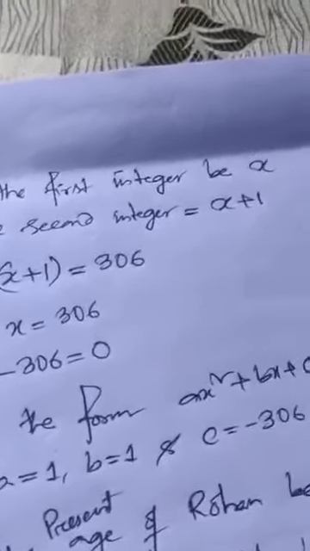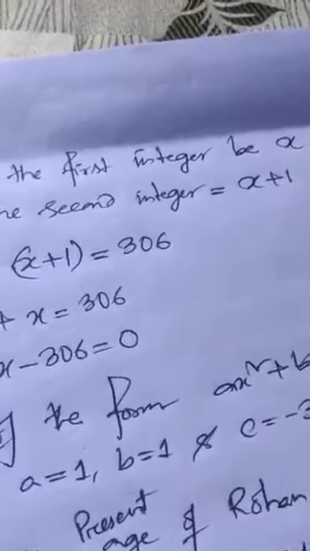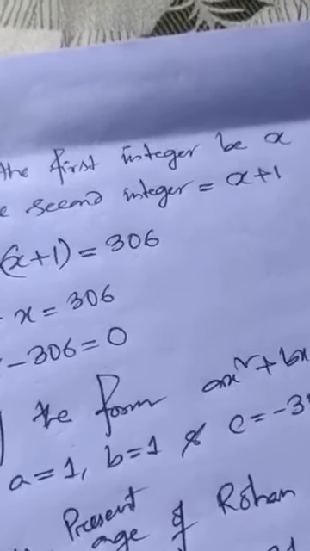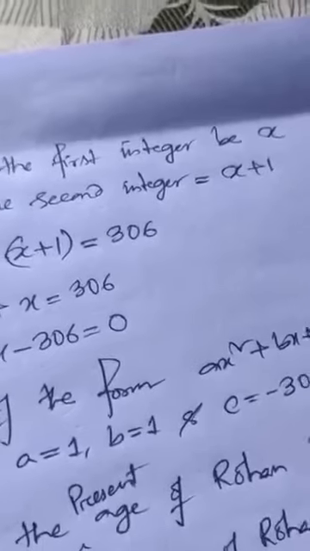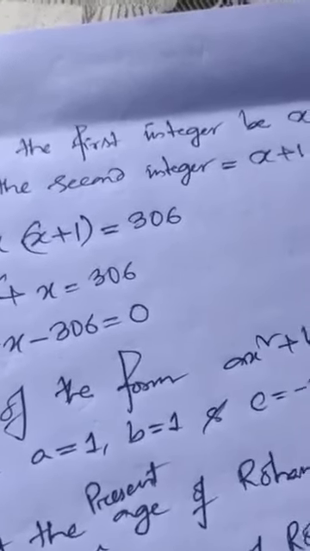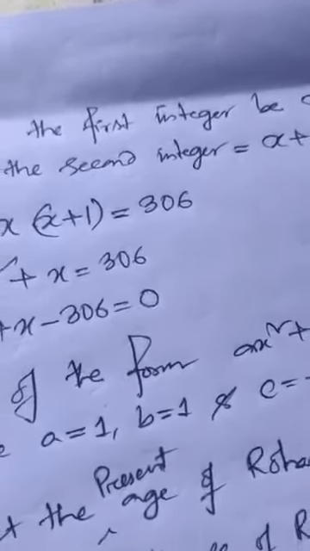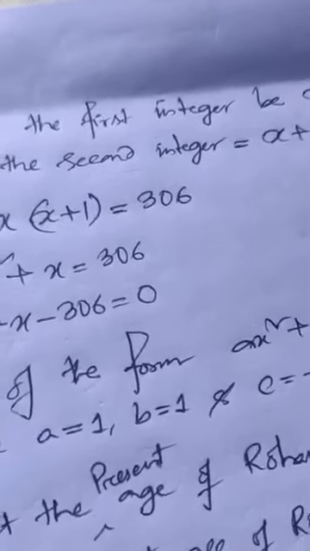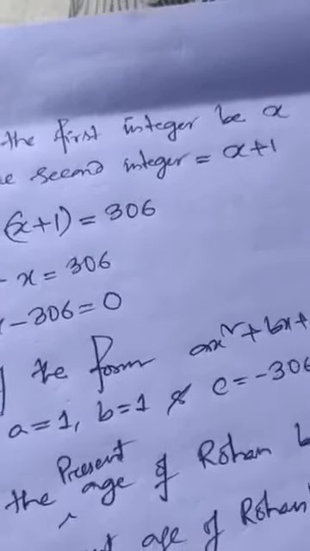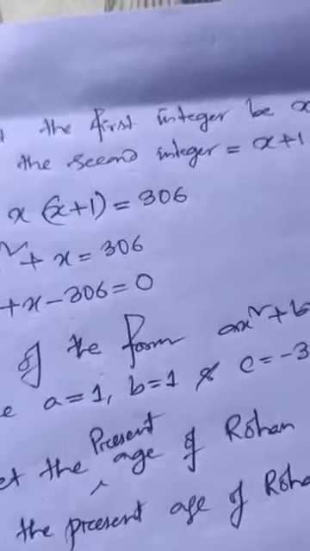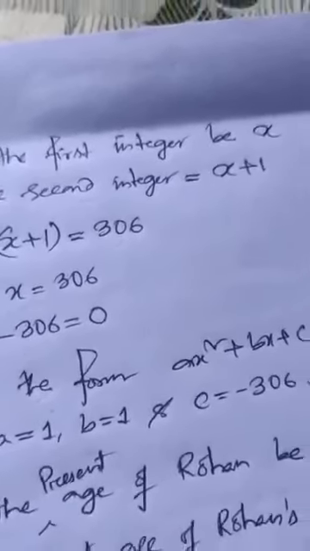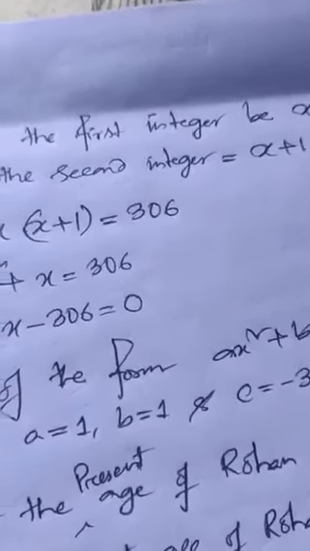Look, if I ask you what comes after 12, you will say 13, isn't it? Think of any number. Now if I ask you what comes after 99, you will say 100. It's very simple. But from 12, how did you get 13?